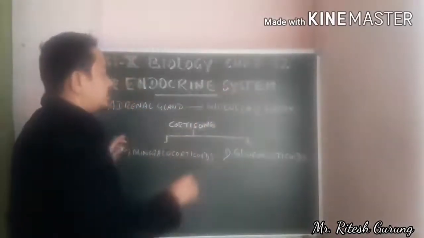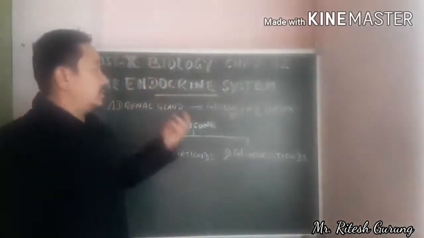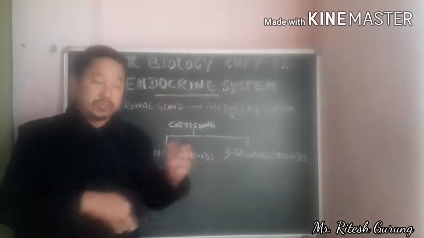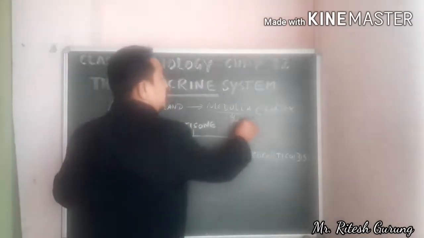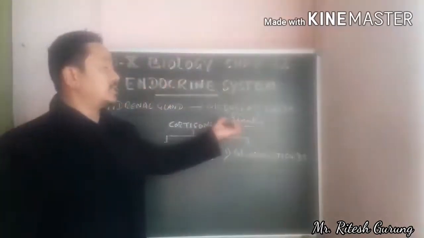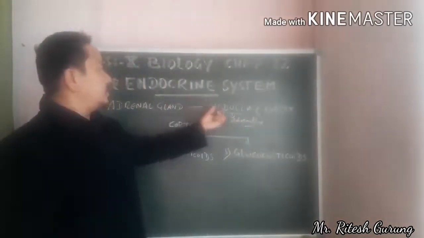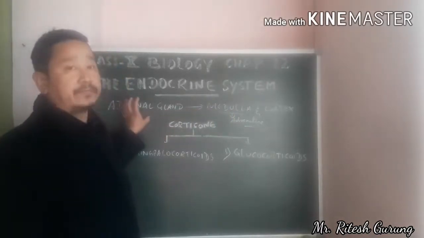From the medulla, this emergency hormone is produced. Just now we talked about it, that is adrenaline. So this adrenaline is secreted from the medulla region of the adrenal gland.